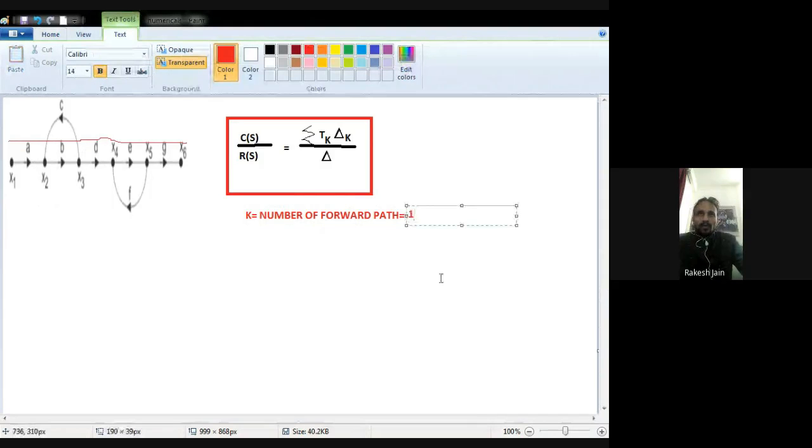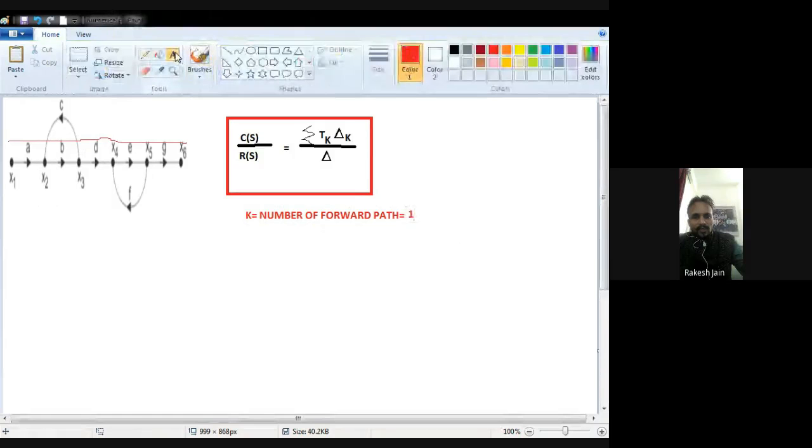Now because I have only one forward path, what is my next step? As I told you, I replace the formula, depending on the value of K. So what will be my formula? Now my formula for this question is Cs upon Rs is equal to, only one forward path is there, so just write down T1 del 1 upon del.